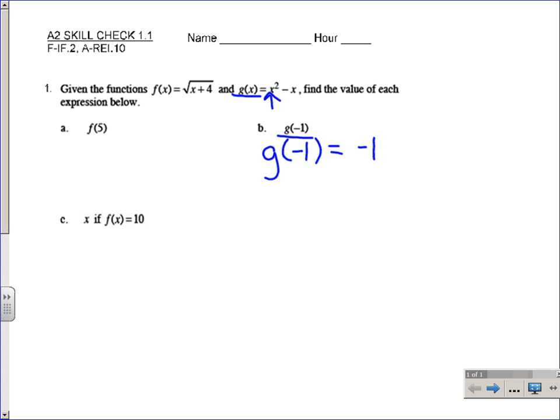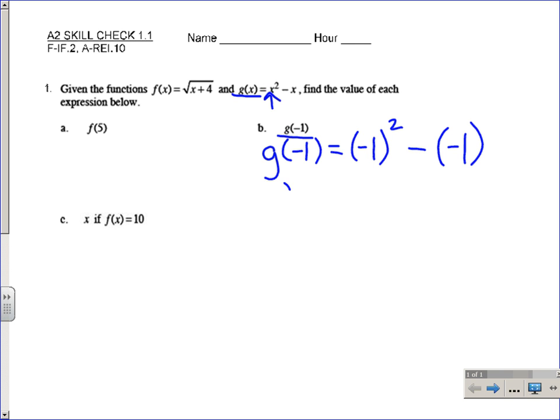And whenever I plug in negative 1 for x, I'm going to put it in parentheses, because I want to square negative 1, which means negative 1 times negative 1. And your calculator, in computing that, if you use a calculator, needs to see it in parentheses. Minus, once again, I'm going to put my negative 1 in parentheses for x.